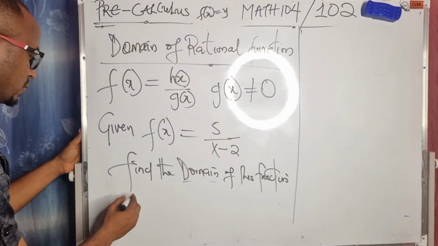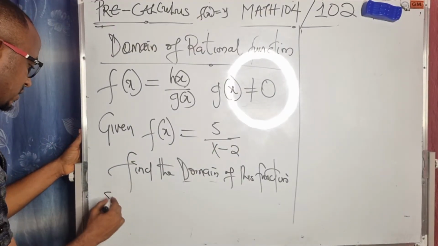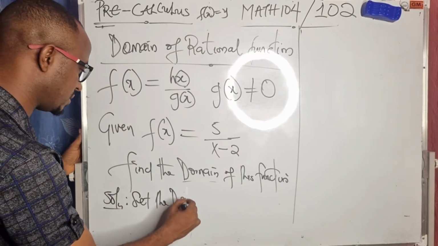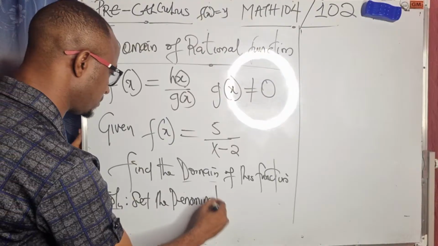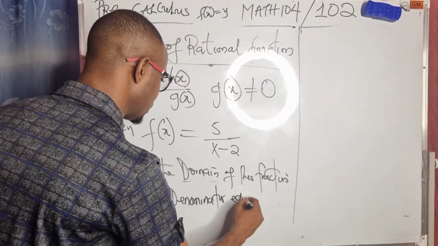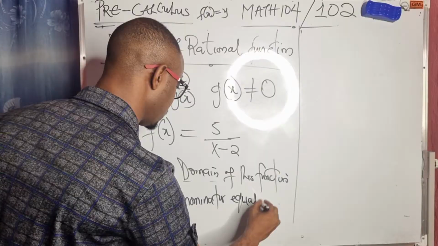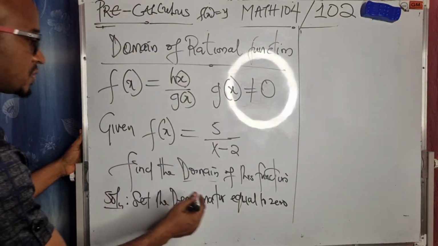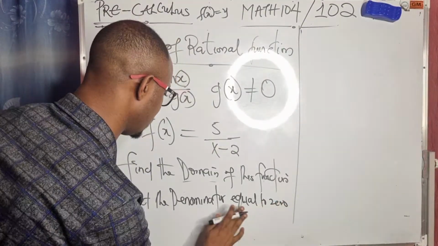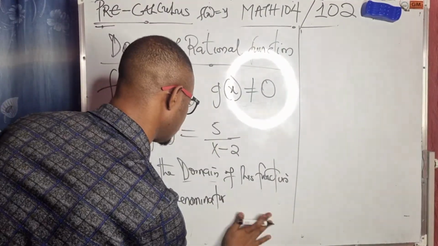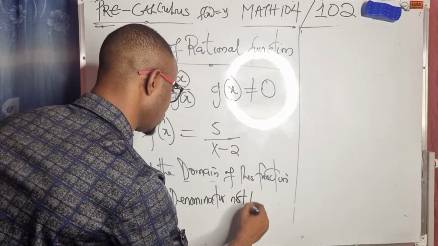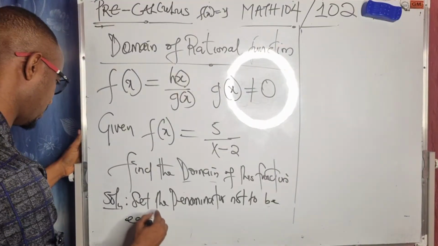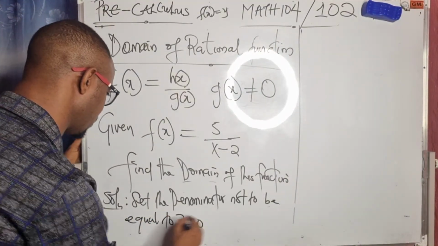We have to set the denominator not to be equal to 0.